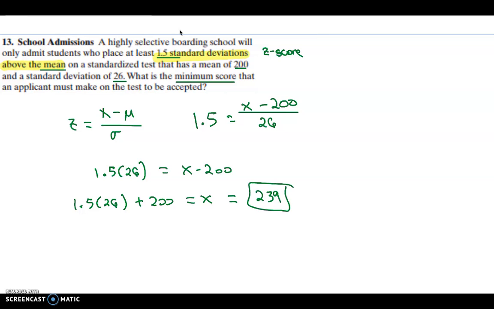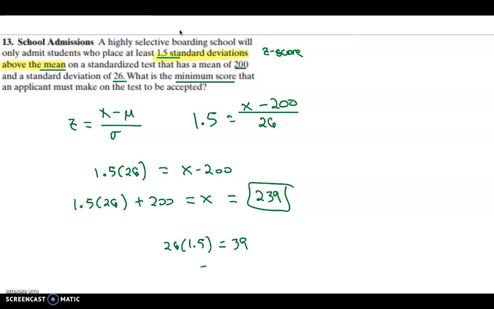So the minimum score that an applicant must score to be considered to be accepted is a 239 on a scale where, again, the mean is 200 and the standard deviation is 26. And if you think about it, if our standard deviation is 26, and I want to be 1.5 standard deviations above the mean, then I would take 26 times 1.5, and that would give me 39.